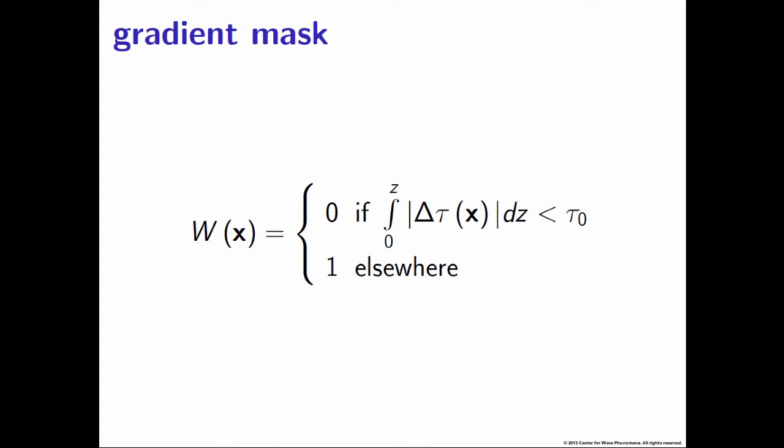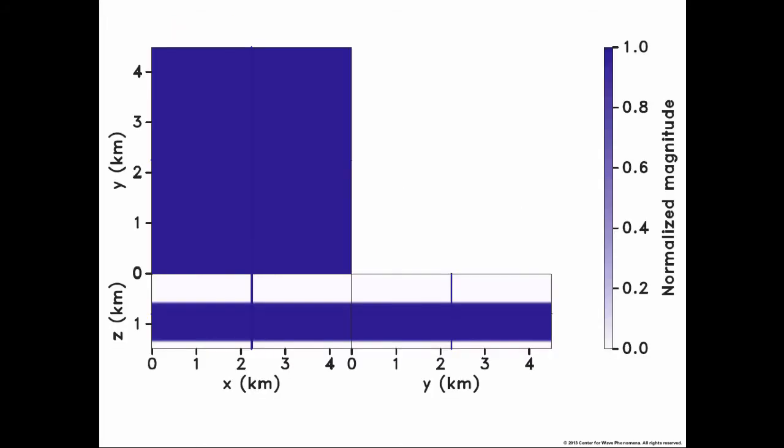Otherwise, we will update the model to correct the velocity error. So using this equation, the mask we compute from the delta tau looks like this. So you see that we have 0 in the first layer, and we have 1 in the second layer, which is perfectly consistent with the distribution of the velocity model error in this case.